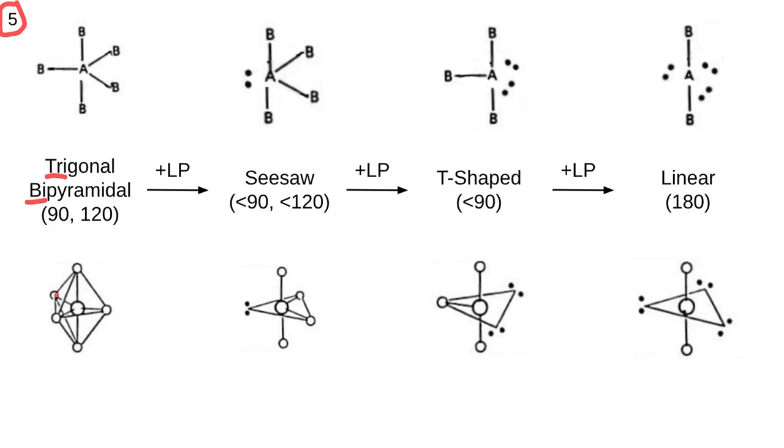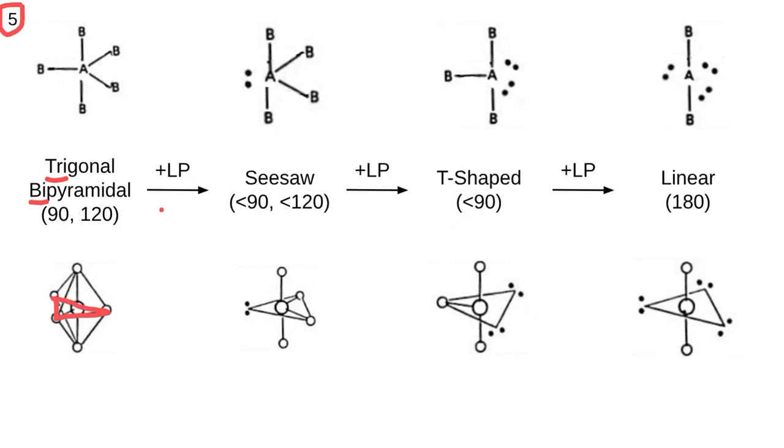You got pyramid 1 on top and pyramid 2 on bottom. So bipyramidal, 2 pyramids, okay? And the trigonal part is from the fact that it's a triangular base. This forms a triangle right here.